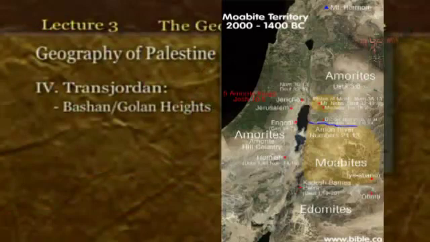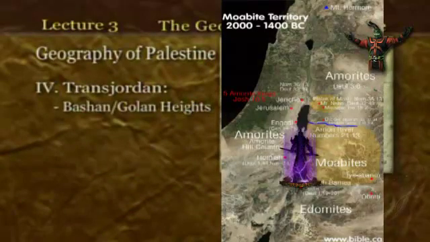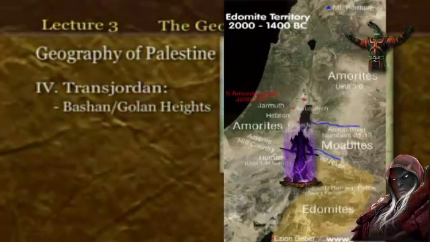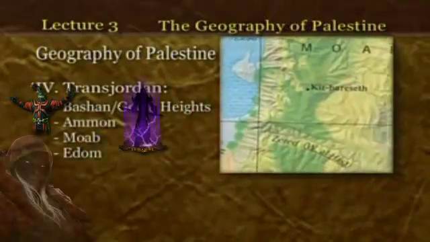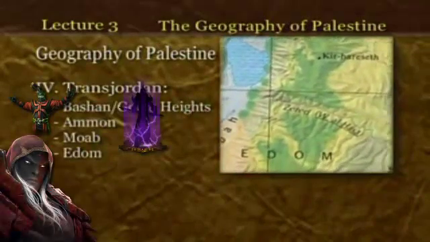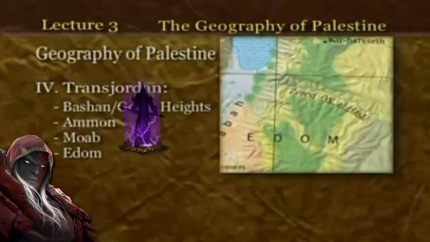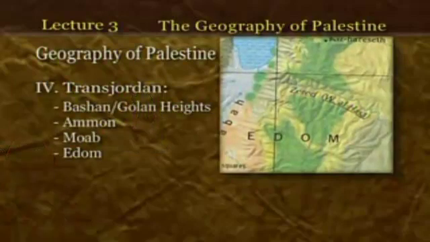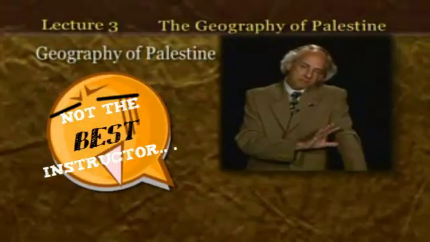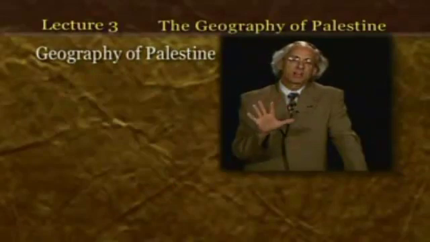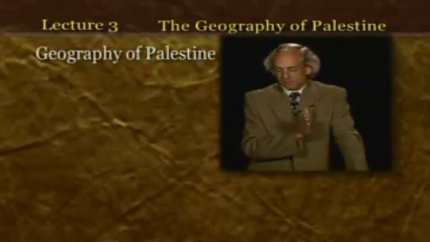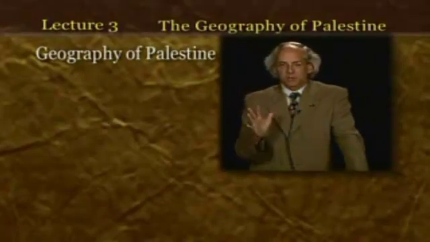If you move a little bit farther down in the Transjordan area, you run into some Israelite territory, and then Ammon, and then Moab, and then Edom further on south as you go down. Now, that's a rough, real quick, brief overview of the geology and the general lay of the land.